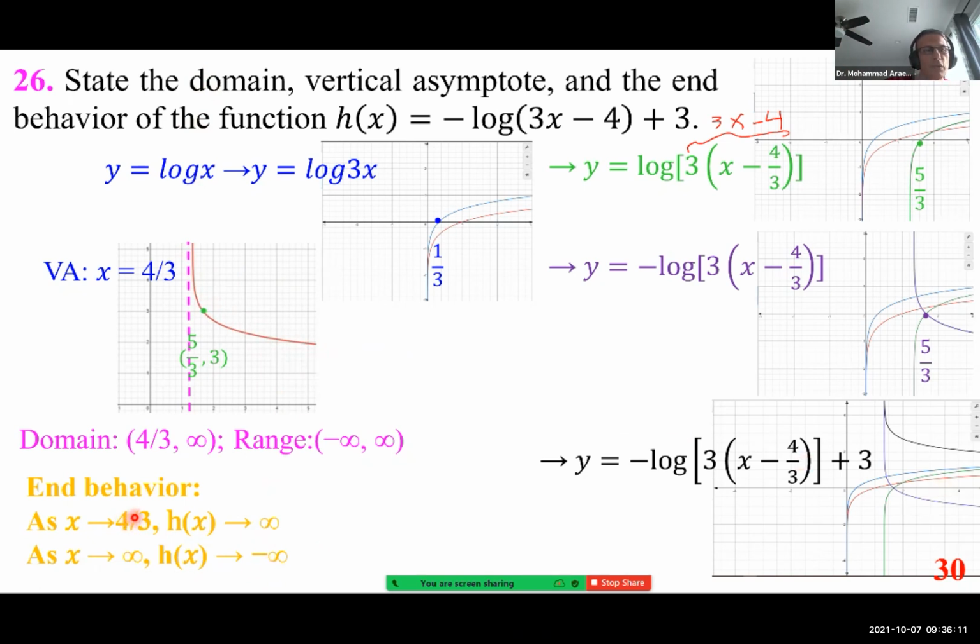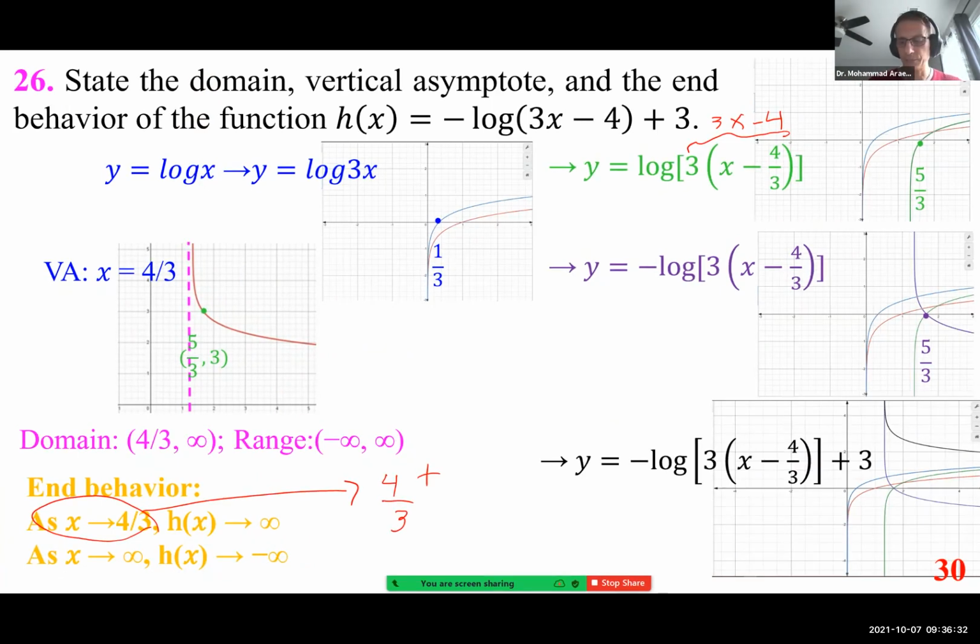And by the way, this 4/3 we would write as x approaches 4/3 from the right, as far as the notation in calculus is concerned. That's what you are going to see.